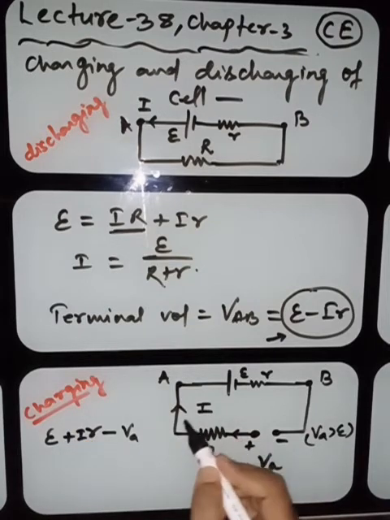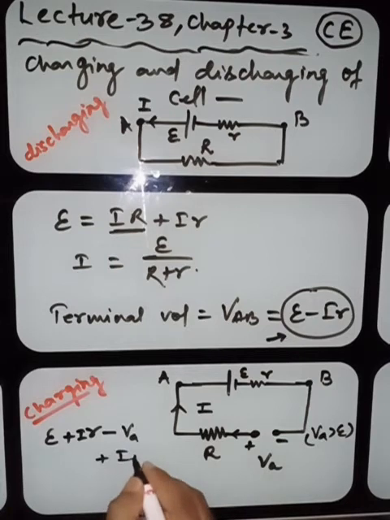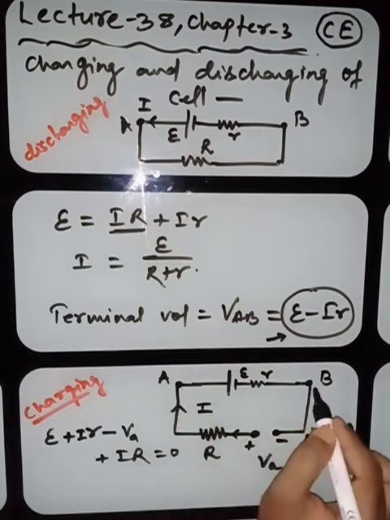Yes, and we are going with the current, minus terminal, so the VA, and then in the direction of current, so plus Ir is equal to 0.